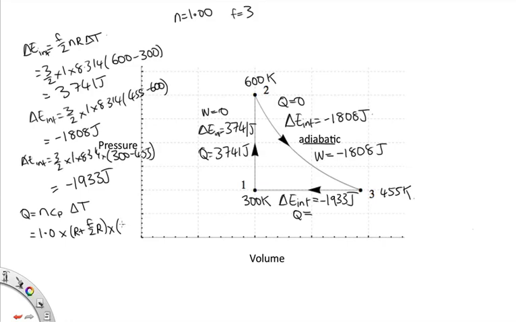So the change in temperature is the final temperature minus the initial temperature. Okay, so F is 3, R is 8.314. Solving that on the calculator, we end up with Q is equal to minus 3,222.